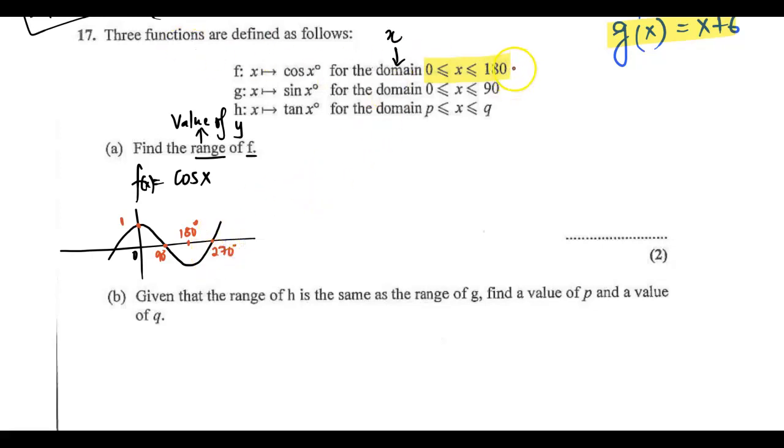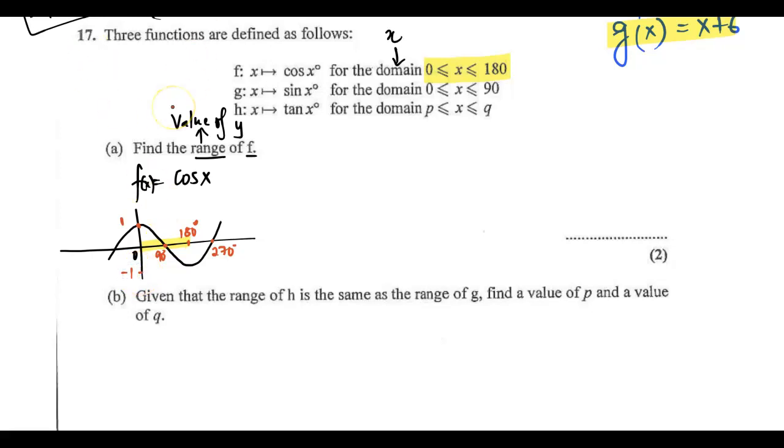The domain is given as 0 to 180, so we have to focus on this particular domain and find the range. For the range, we take the value of y. Let me add the values over here. It is -1.